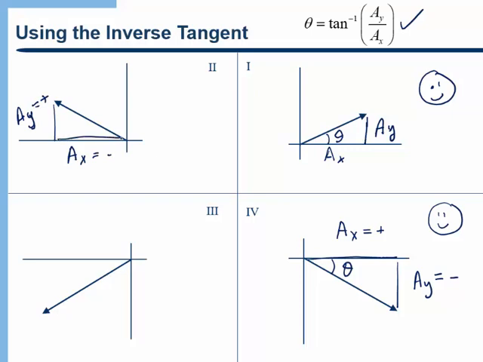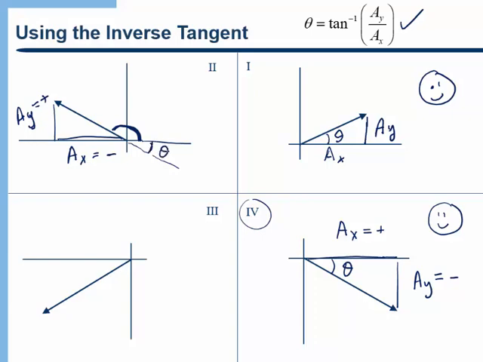The problem is that inverse tangent can't tell the difference between that situation and quadrant 4, because when you divide AY by AX, you're going to get a negative value, whether AY is positive and AX is negative, or AX is positive and AY is negative. And so what inverse tangent gives you for the answer is, instead of giving you the answer that you want, which is the angle with respect to the positive x-axis, it gives you this angle.